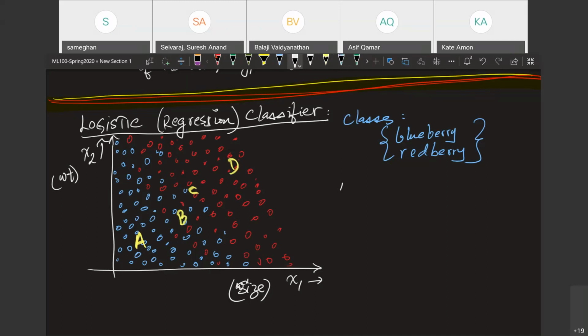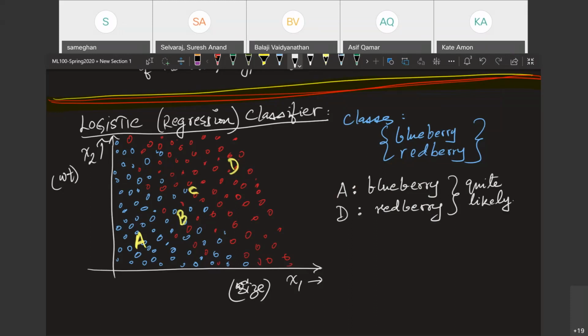A is what? Would you call it a blueberry? Yes, you would classify it as a blueberry, just visually looking at it. And D would be a red berry, and you're very likely sure. And what about B?